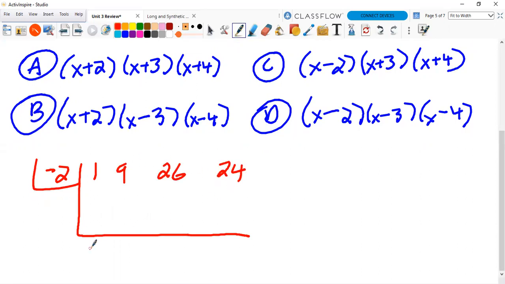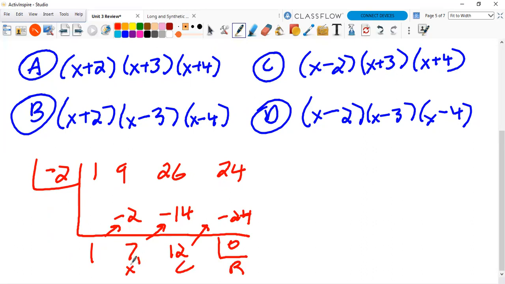I'm not going to change colors this time, to save time. 1 comes down, 1 times -2 is -2, 9 minus 2 is 7. 7 times -2 is -14, 26 minus 14 is 12. 12 times -2 is -24, 24 minus 24 is 0.